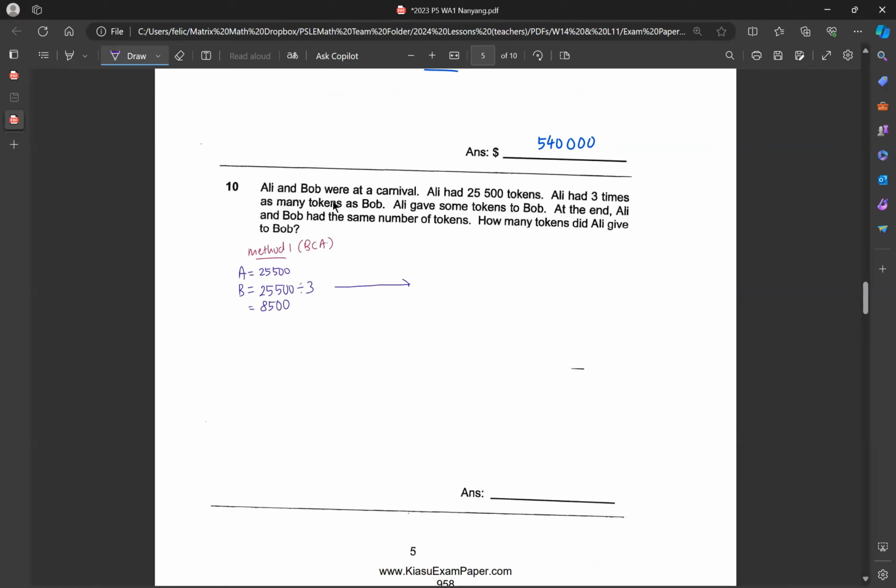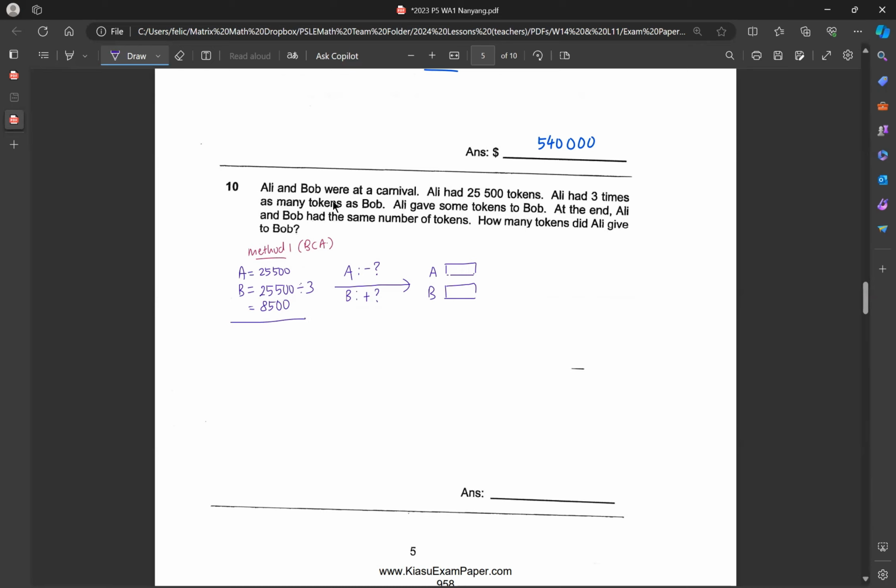Now let's go on to show the change. So Ali is giving some to Bob. I don't know how many he gives, so minus question mark. Bob is receiving, so plus question mark. And at the end, both of them have the same amount. Same amount, just draw a 1 unit model for each of them. And we agreed that yes, the total between both of them never changes because this is an internal transfer. Since the total is unchanged, I can work out the total here.